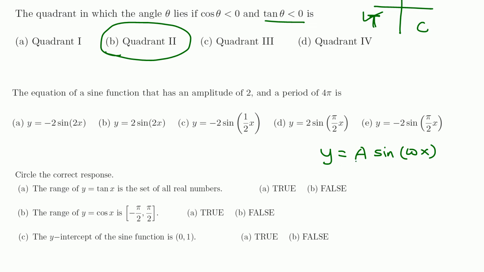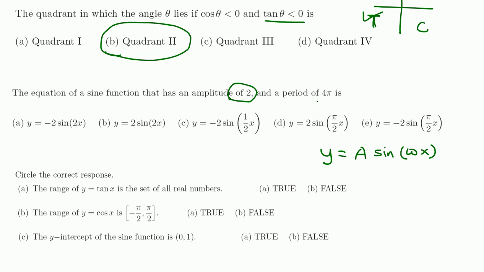So when we take the absolute value of a, we should get 2. The absolute value of negative 2 is 2, the absolute value of 2 is also 2. So from this we cannot say anything, because for each function here the amplitude is 2.